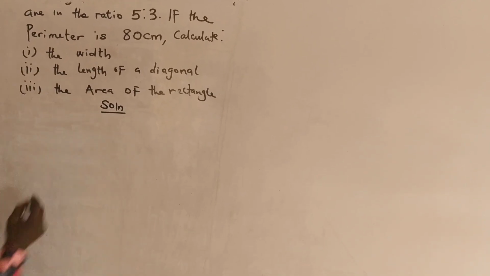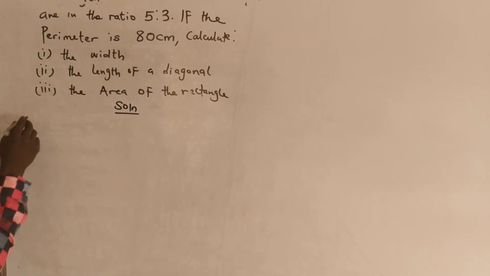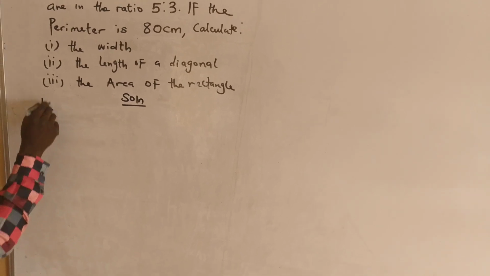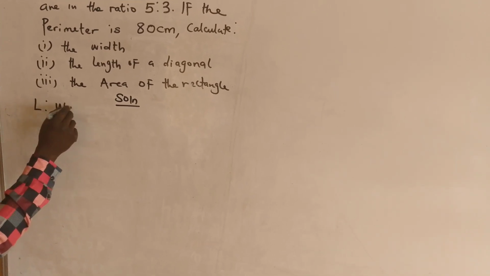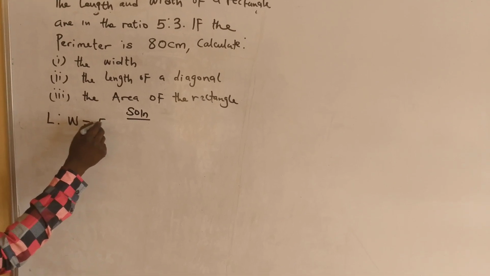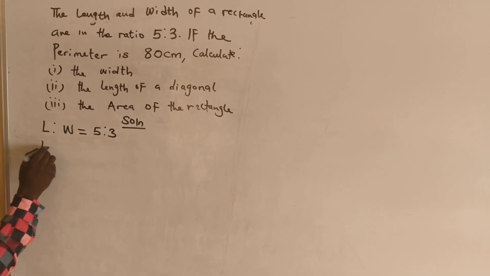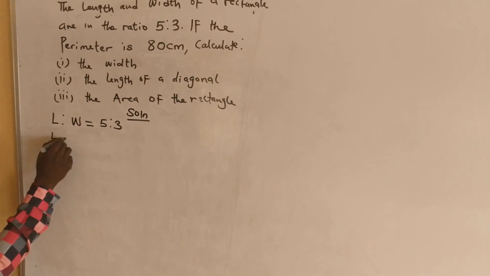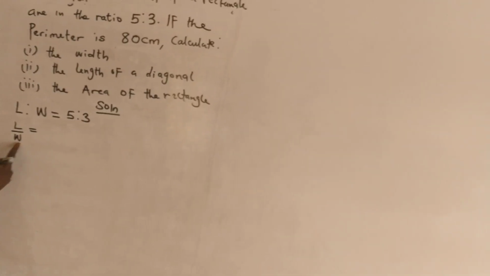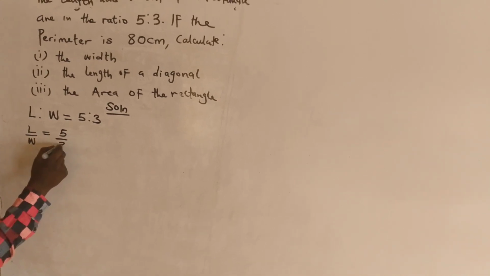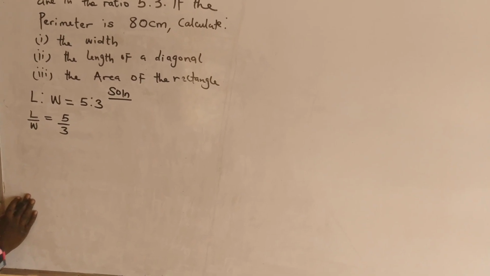The solution: you will agree with me that from the first sentence, the length to the width equals 5:3, right? It will be L over W, where W is the width, also known as the breadth, equals 5/3.